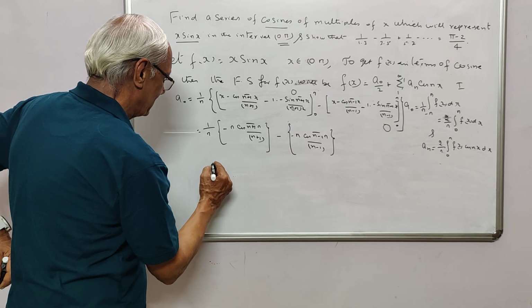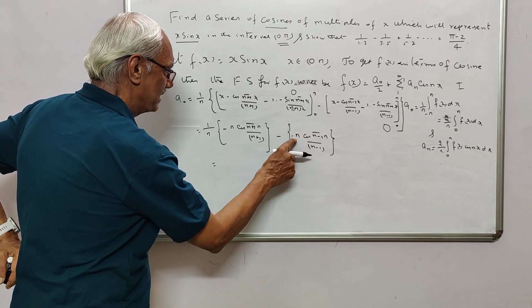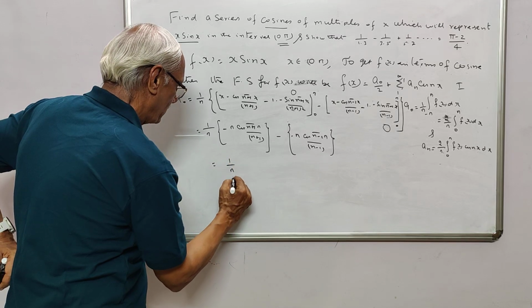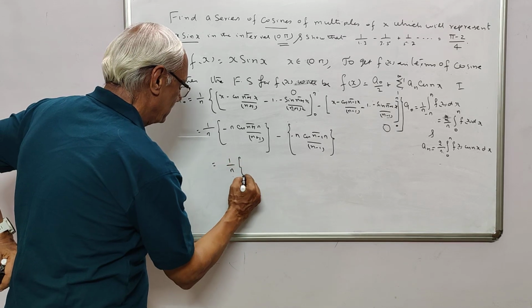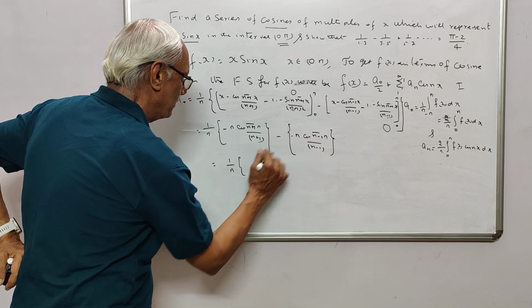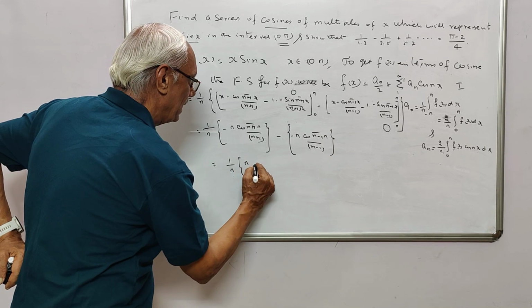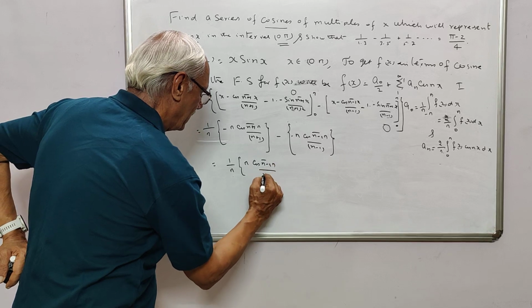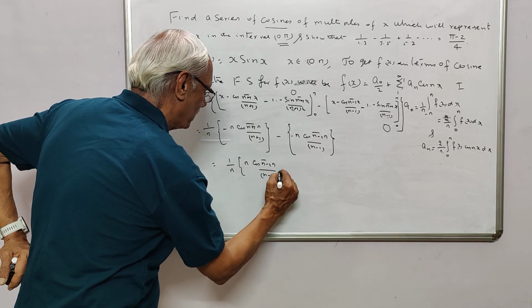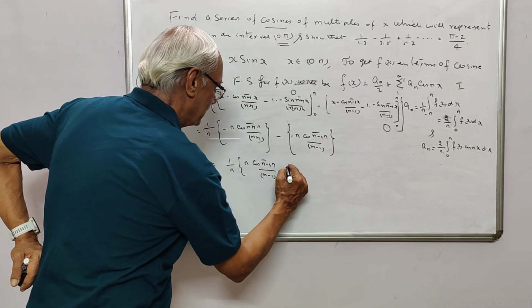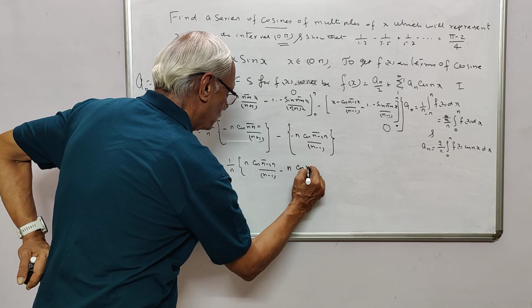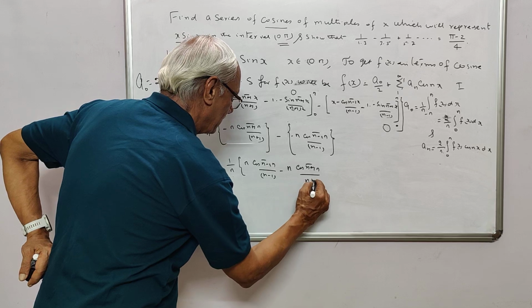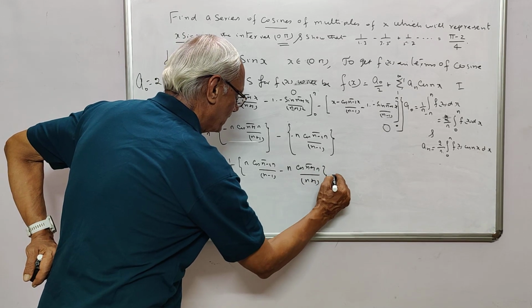So you see that minus into minus is plus. So you will get this as 1 by pi. I will take this outside. So this is nothing but pi into cos (n minus 1)pi divided by (n minus 1) minus pi into cos (n plus 1)pi divided by (n plus 1). So you are left with this.